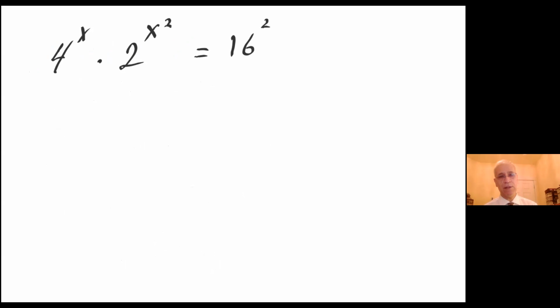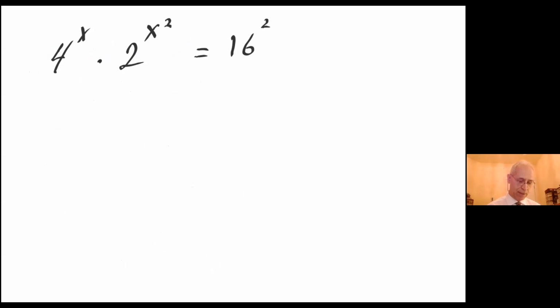Suppose I have 4 to the power of x times 2 to the power of x squared equals 16 to the power of 2. So first thing I'm going to notice is that 4 is a power of 2, and of course 2 is a power of 2, and 16 is a power of 2.